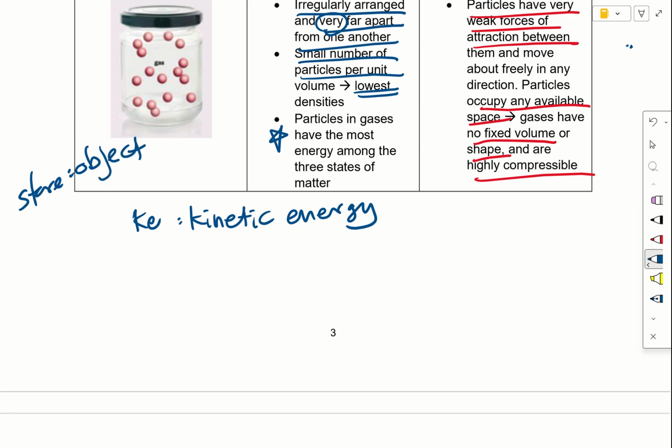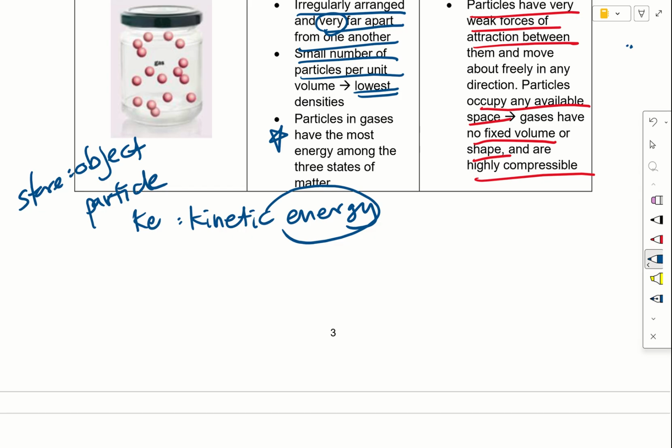But when we are talking about particles, we can straight away refer to them having energy, because the collective sum of their energy will make up the energy store of the object. The object contains many particles, and individual particles have energy, and if we sum up all their kinetic energy, it will be the energy in the kinetic store of the object.